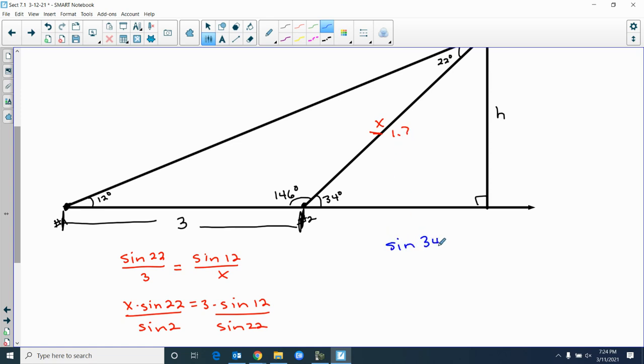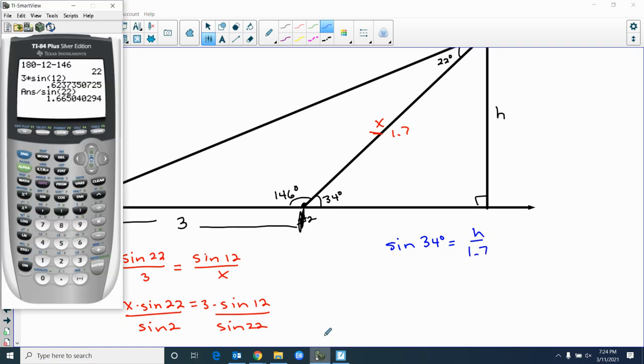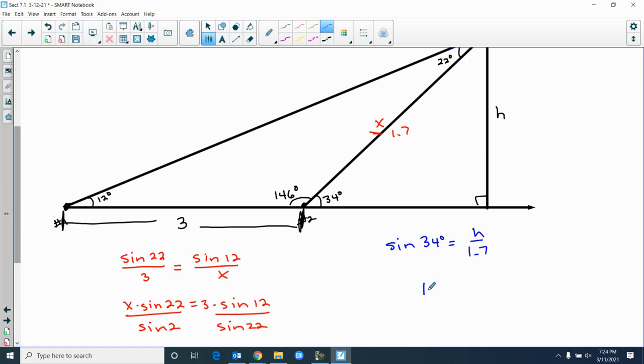Sine of 34 degrees equals H over 1.7. So I'm going to take 1.7 times sine 34, and I'm going to get 0.95, and I'm going to round that to the nearest tenth, so it's going to be 1.0. So the height is 1.0 miles when we're done.